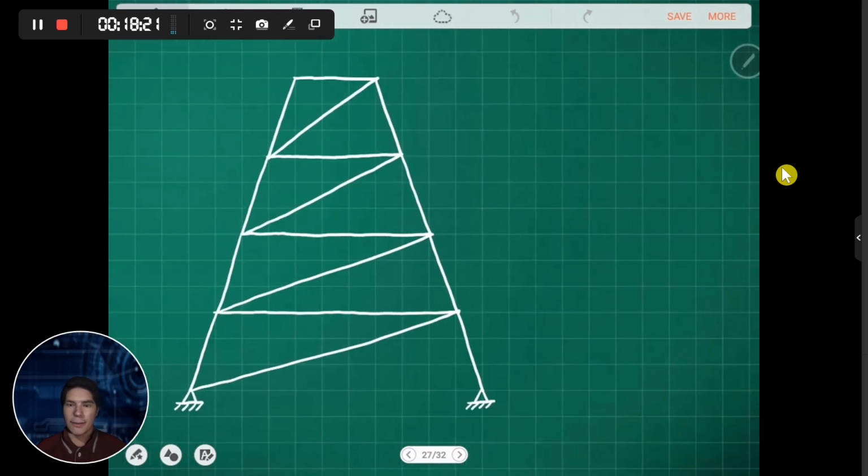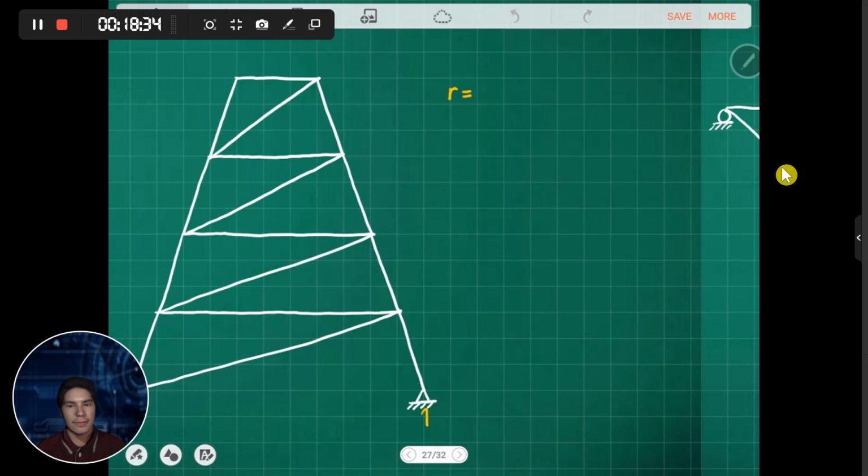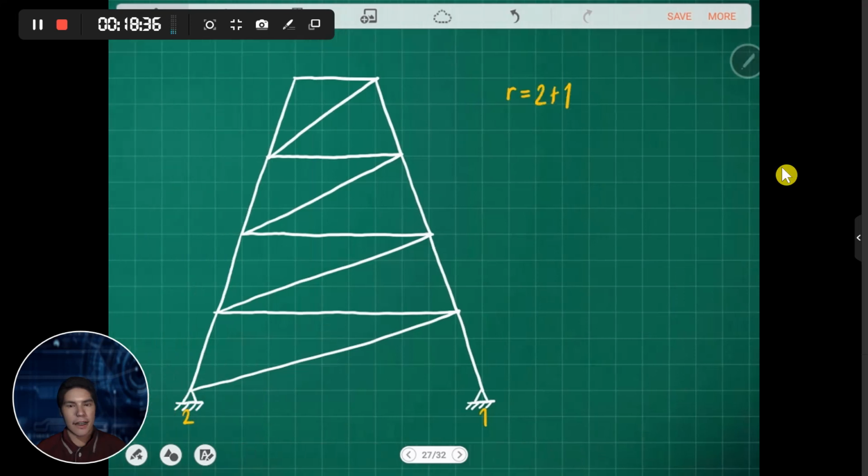Okay, so another problem. Again, we count the number of reactions. So we have 2 and 1. I think there are only two problems left. So 2 plus 1.